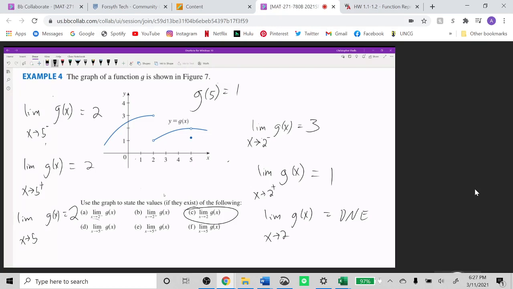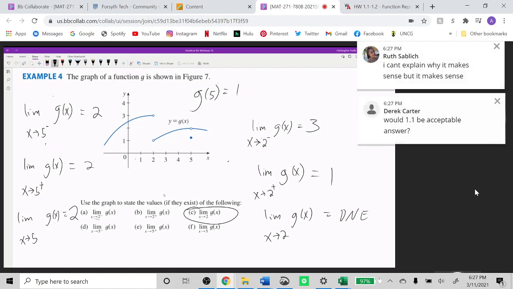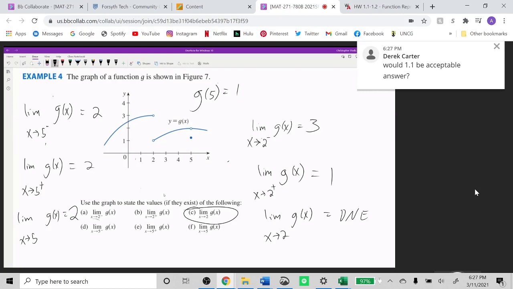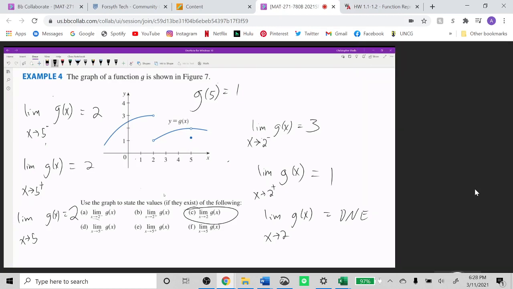Right, the open circle means that that point is not included on the graph. The intended answer here is definitely 1.